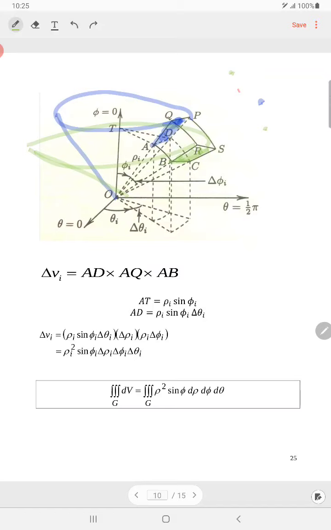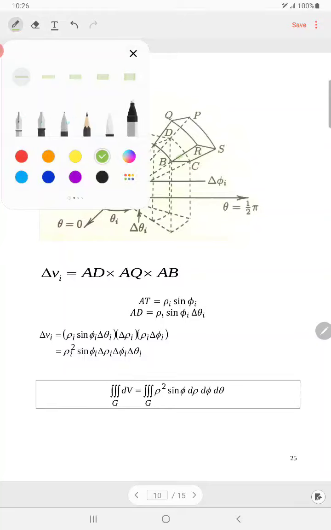So with the combination of two spheres, two cones, and two vertical planes, we have this spherical box, ABCD PQRS. I hope you understand this. Now we want to find the volume of this spherical box. We assume that the volume of this spherical box would be AD times AQ times AB, which is really the length times the width times the height.